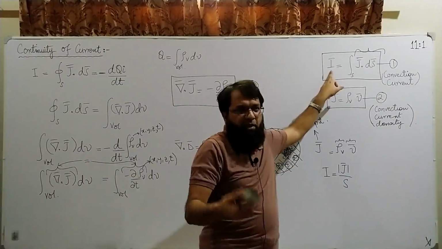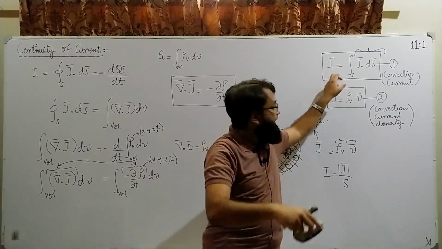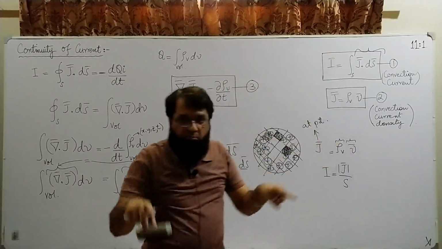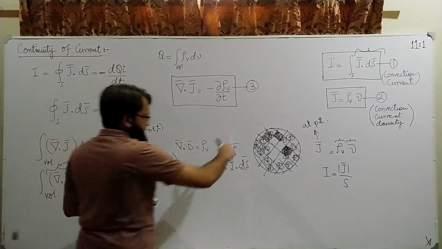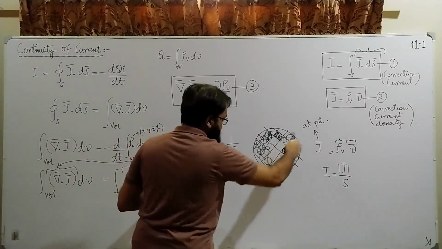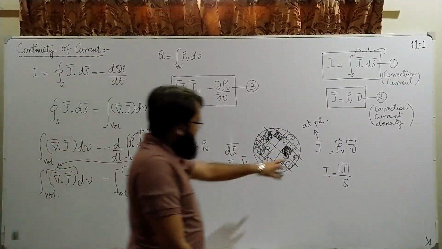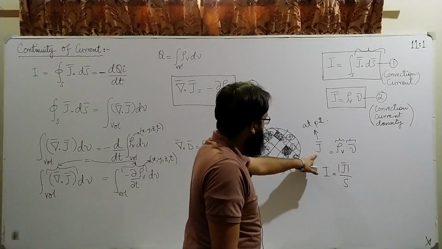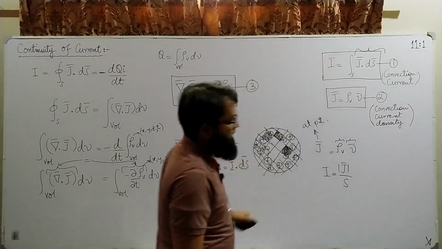It's a macroscopic quantity. It's not necessary that it is always defined at a point. It can be defined over a macroscopic, visible to naked eye entity, over a big cross section, perhaps in the diameters of several centimeters. So current density is always a point concept, and current is normally a macroscopic concept.